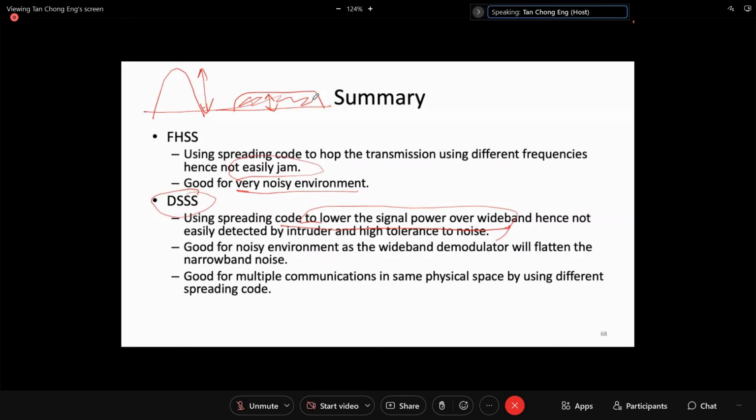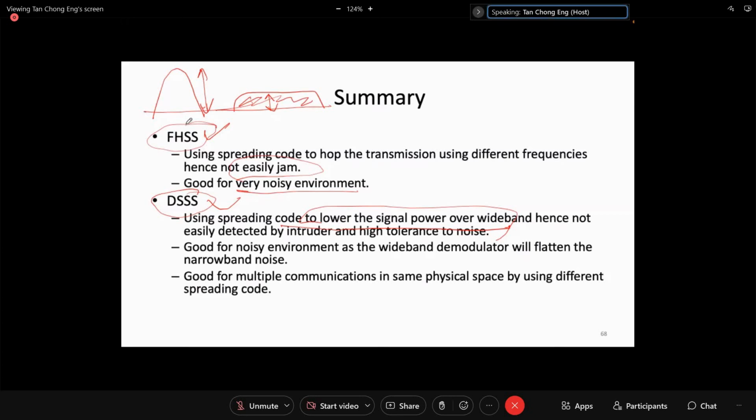So people use this to build your wireless LAN, your Wi-Fi, which is based on this. It's very rare that you will find frequency hopping spread spectrum, but they still exist. It's just that they are not that popular. To find a frequency hopping type of product, you might have a lot of difficulties, because the product is not easily available.